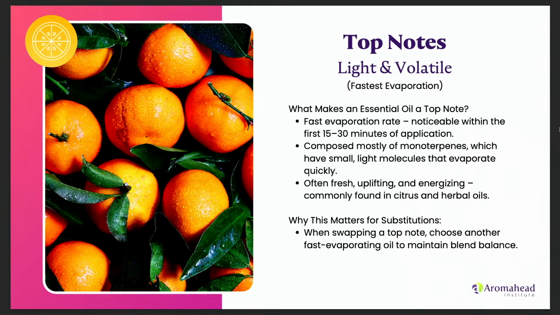Now, it's composed mostly of monoterpenes. That's a chemical family. And you're going to learn more about that in our next presentation. But remember that word, monoterpenes, the chemical family, which have small, light molecules, and they evaporate quickly. And I love how we can go to science and see what makes the top note.